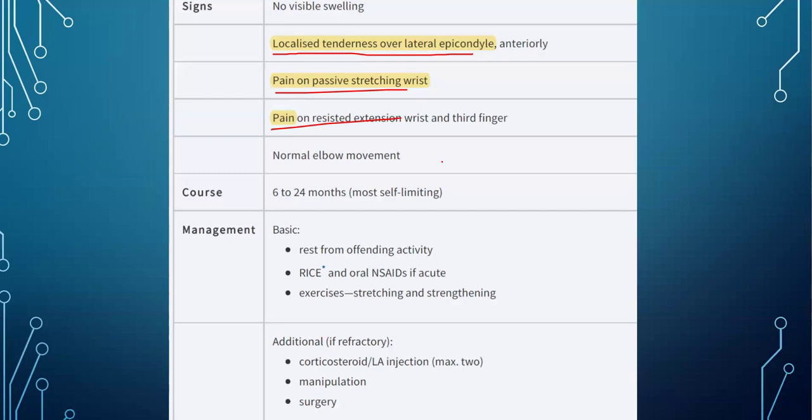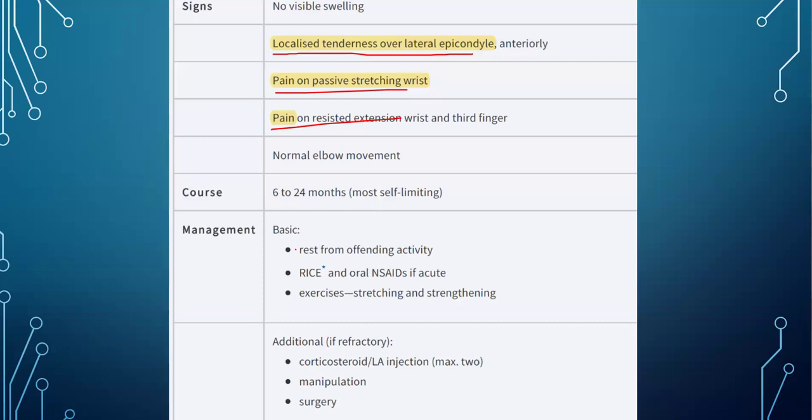So basically anything which causes a bit of stressing of the wrist, especially wrist extension, and if the patient complains of pain on the lateral side of the elbow, that's tennis elbow. To diagnose tennis elbow, you don't need to do anything. No need of X-ray or ultrasound. It's a clinical diagnosis. It can take even 24 months to get better.